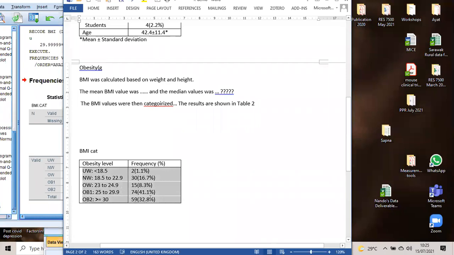Is obesity a problem here? Yes. So what can I say? Can I combine these two to see how many percent this is? 73.9%. In the sample, the total is 133.